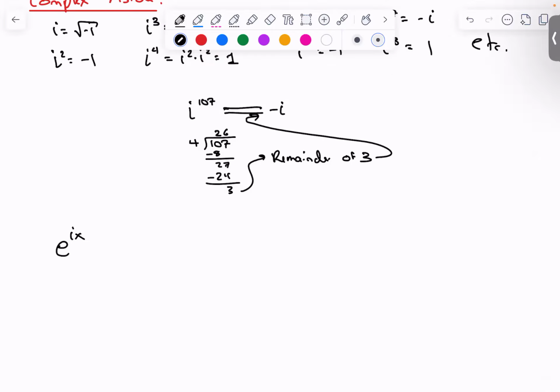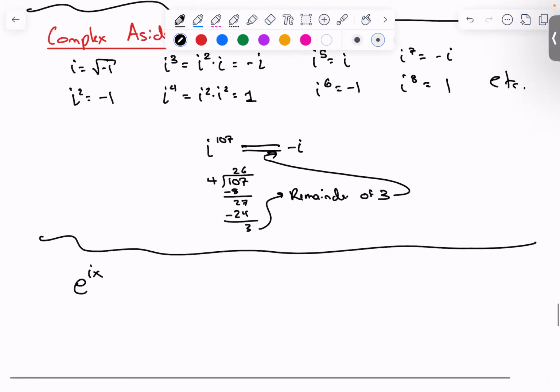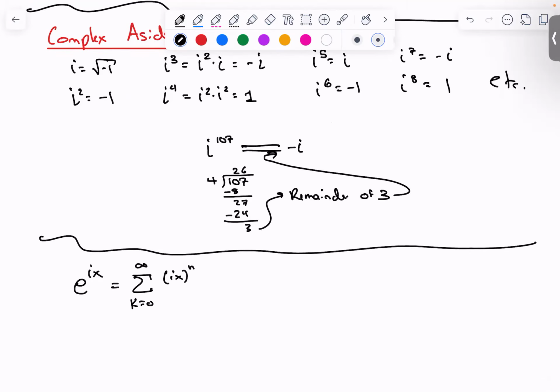But anyways, now that we've done that complex aside, by definition, this is equal to the sum from n equals 0 to infinity of (ix)^n over n factorial. Right? I just plug that into the e to the x function. Its power series is that. And then let's just go ahead and write out a few of the terms.